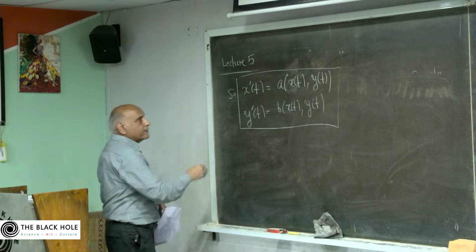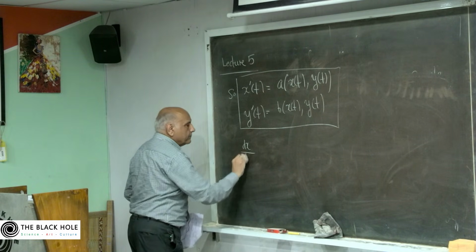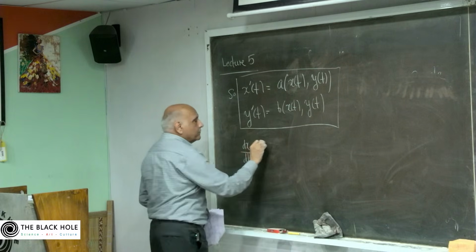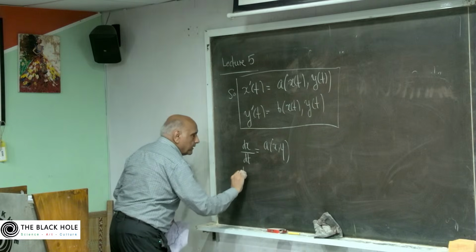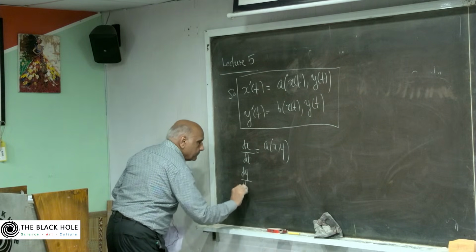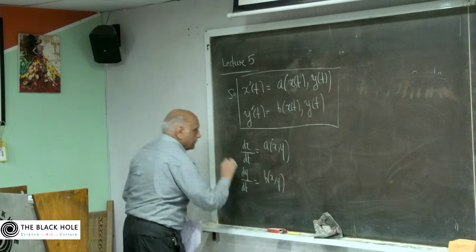So along any integral curve we have dx by dt is equal to a of x, y and dy by dt is equal to b of x, y.